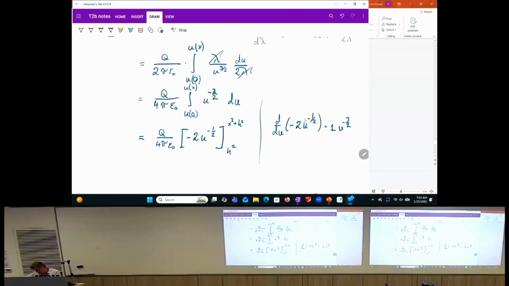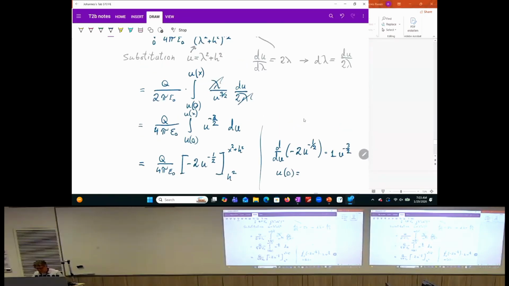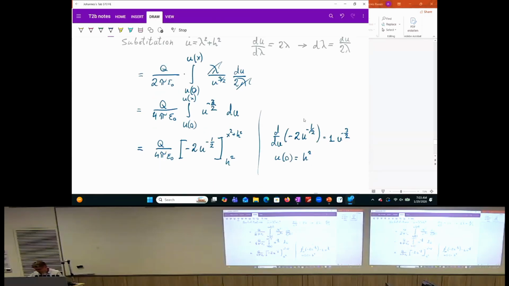How about the integration boundaries? U of 0: setting lambda to 0, what remains is h square. Lambda is just the integration parameter, the line parameter that we have picked.